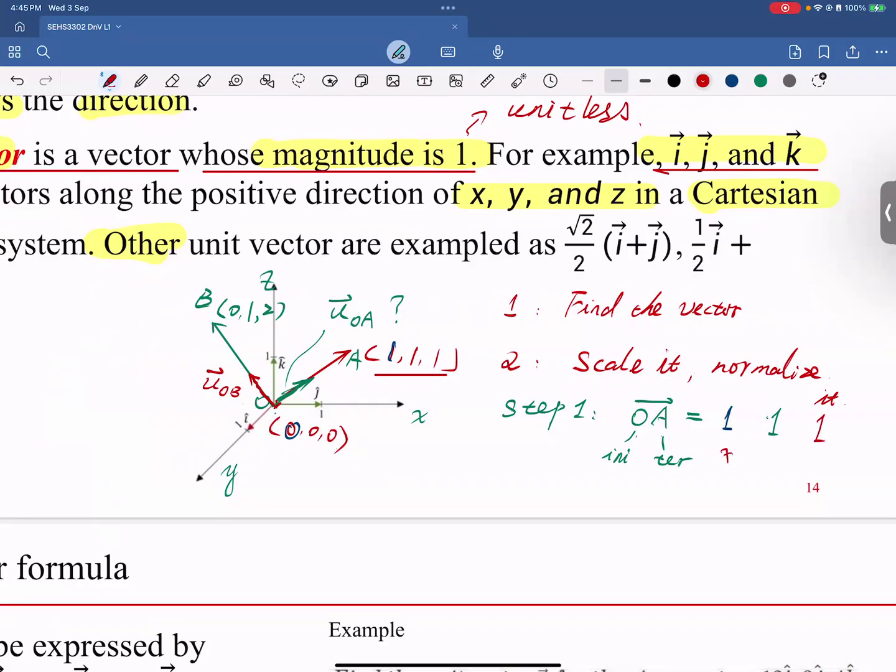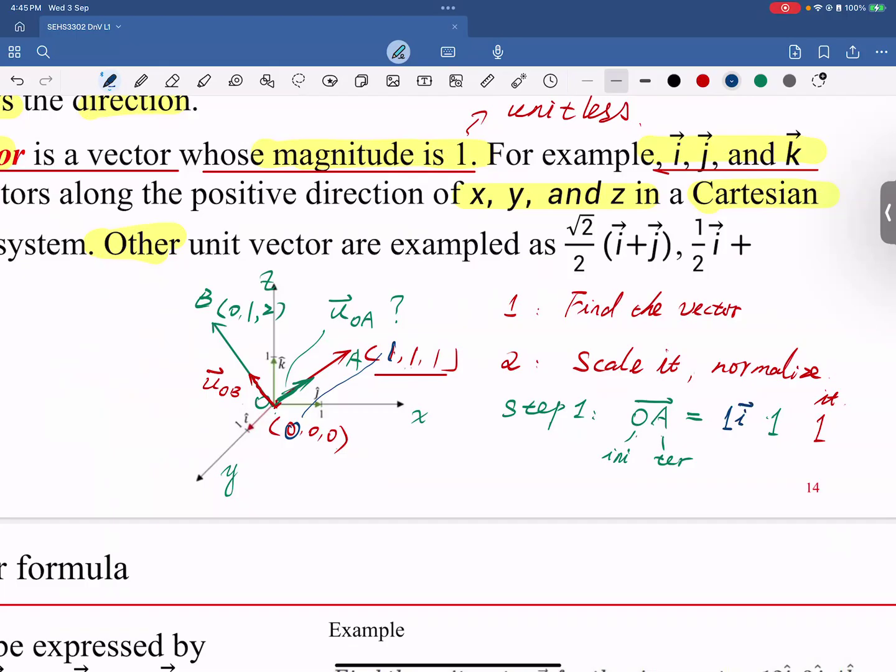And X, Y, Z. But if we just write like this, it's quite complicated, right? And we can use our I, J, K, right? Because 1 minus 0 along X here is along X. So we can put I here.